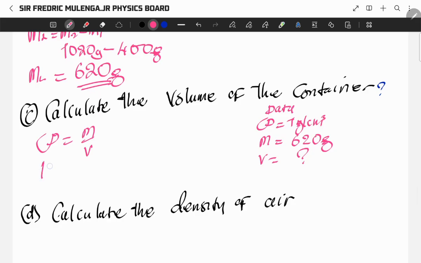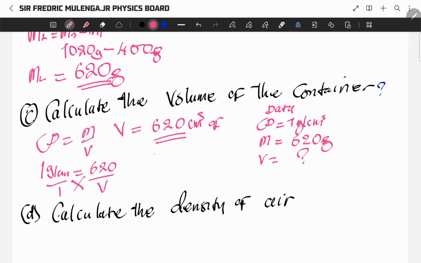So 1 gram per centimeter cubic is equal to mass 620 over v. Cross multiplication, v times 1 is just v. Then that times that just gives us 620 centimeter cubic. So this time around we've solved the volume of water, or rather liquid.